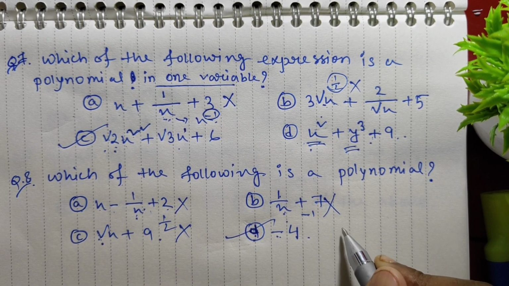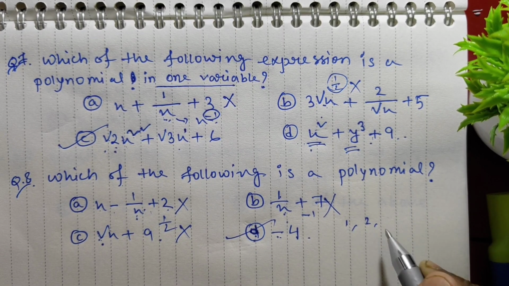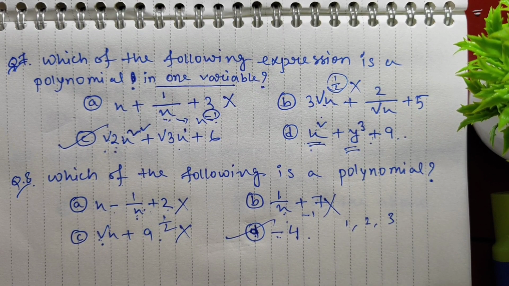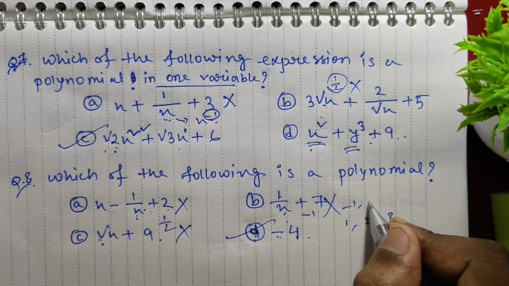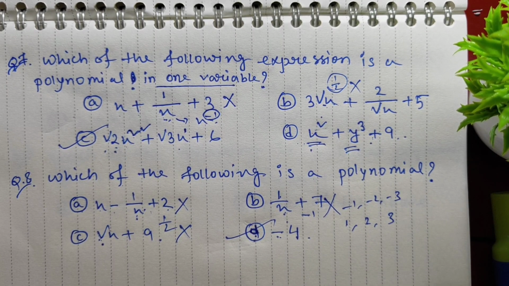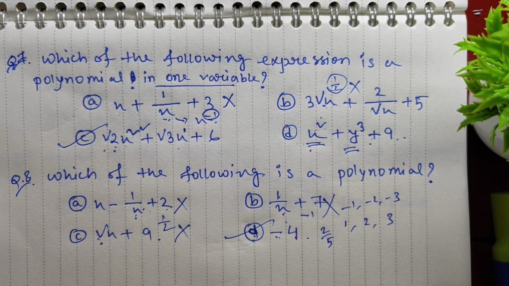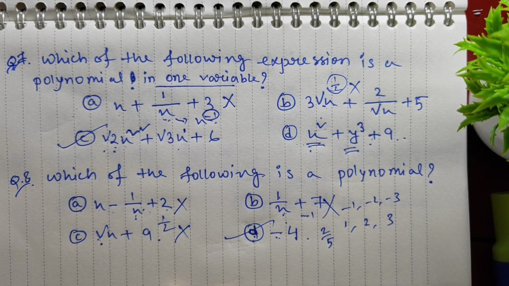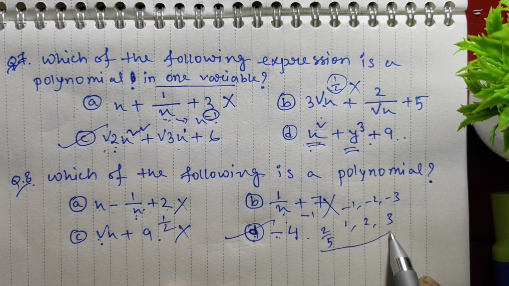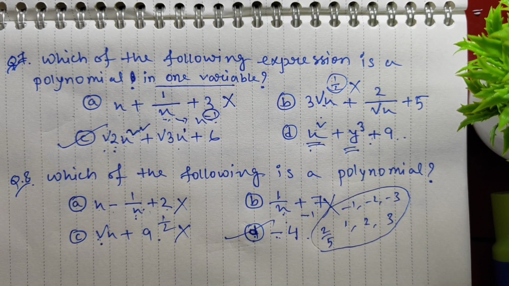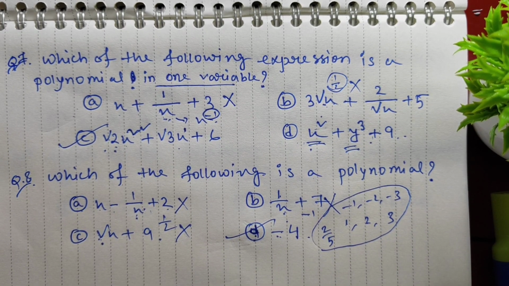Like if I write here 1, 2, 3, they are polynomials. If I write here minus 1, minus 2, minus 3, they are also polynomials. Even fractions like 2 by 5, they are also polynomials. And this kind of polynomial is known as a constant polynomial.